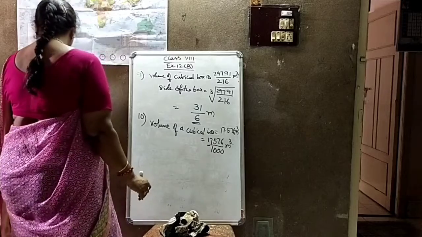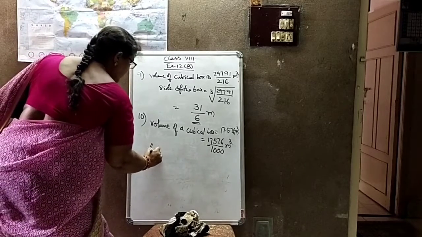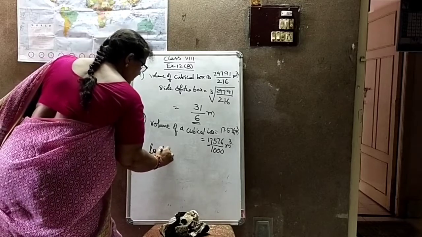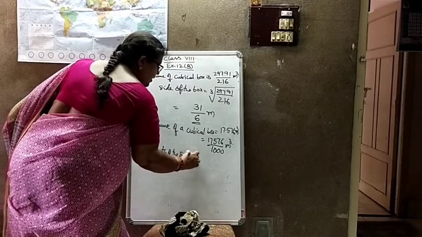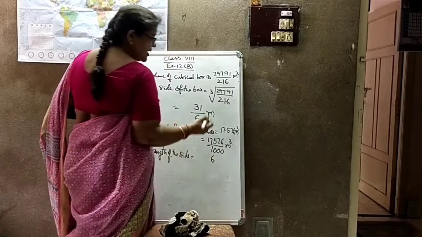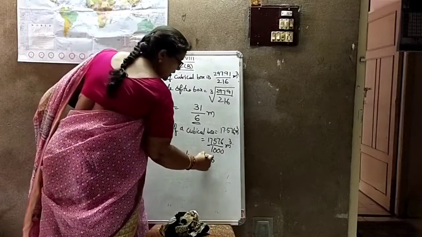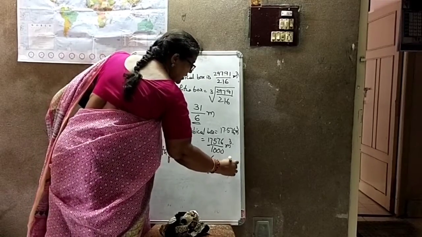Now estimation again. Find the length of the side. Then length of the side is equal to, the estimation I am doing, 6, 17, less than 17 is 2. 26 by 10 is equal to 2.6 meters.